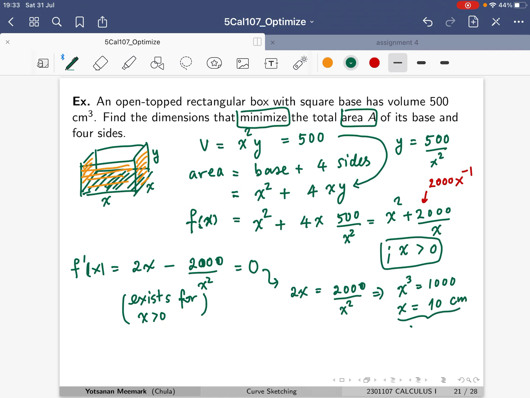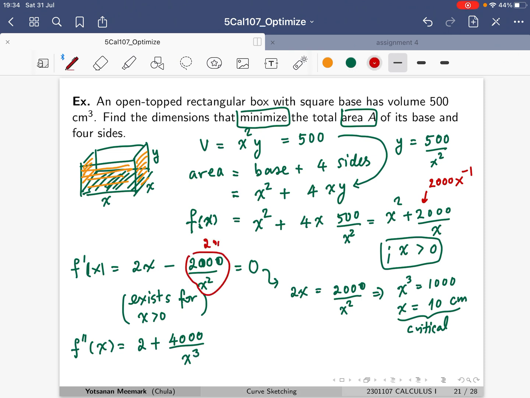Again, this one is only a critical number. You need to test it. Previously you tested by your f prime, right? This time, if you test by your f double prime, you get 2 plus 4000 over x cubed. Why is it a plus?